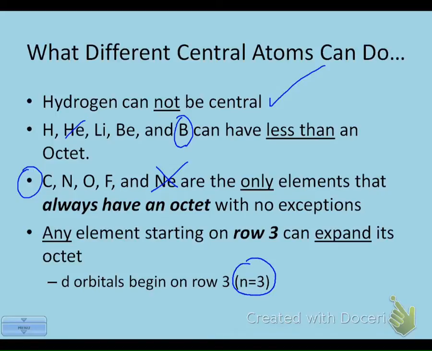And on n equals 3, those atoms have d orbitals. Because the d orbitals don't get filled until a little later, they are empty and available for extra electrons to be squeezed into them when you need to expand an octet of something like sulfur, phosphorus, or chlorine. The p's are full, but if I want to squeeze more in there and expand it, it'll go into a dxy or a dyz.